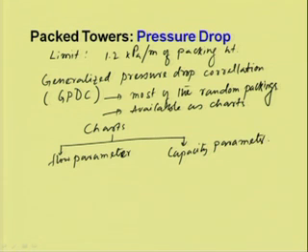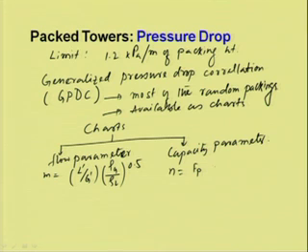The flow parameter is given by M and defined by L dash by G dash into rho G by rho L to the power 0.5, and the capacity factor N is equal to F P V F S mu L to the power 0.1.